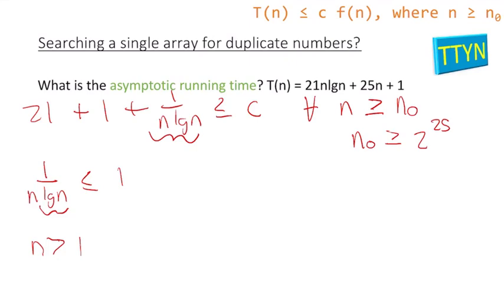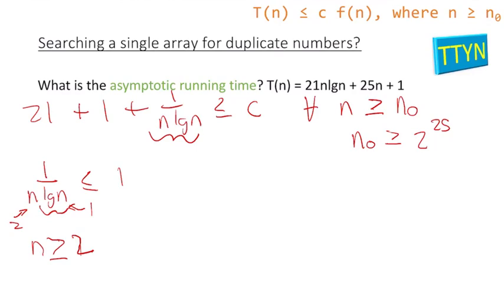And we know that log of 2 is going to be 1, so really this thing would be best if it's greater than or equal to 2. Because if I have n equal to 2, I've got a 1 there, and I've got a 2 here, and sure, 1/2 is less than or equal to 1. So that won't be a problem. So here we say that n has to be greater than or equal to 2.